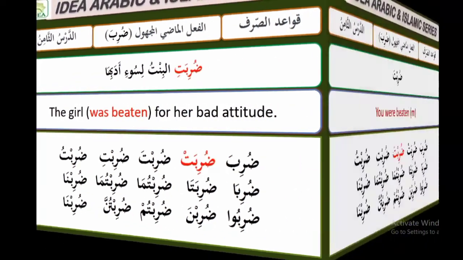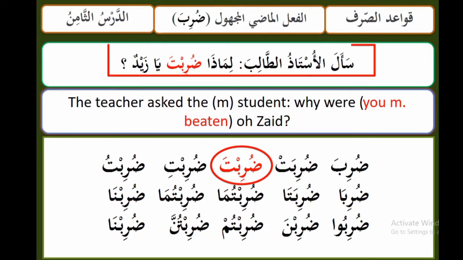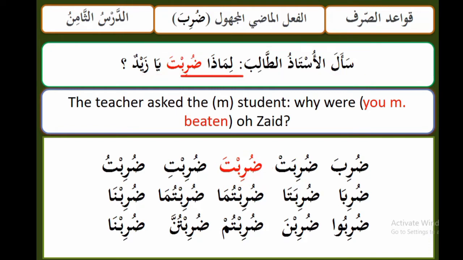The next one is ضربت, and this means you were beaten for masculine gender. Example: سأل الأستاذ الطالب لماذا ضربت يا زيد. This means the teacher asked the male student, why were you beaten, O Zaid?